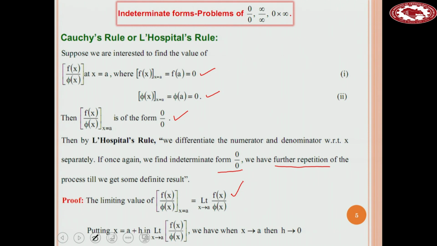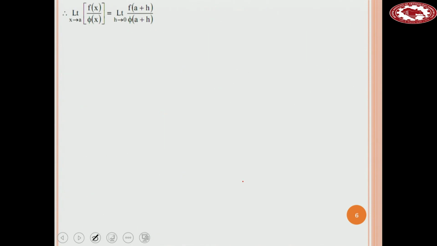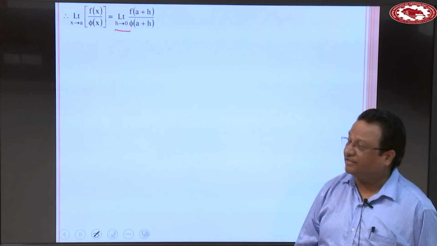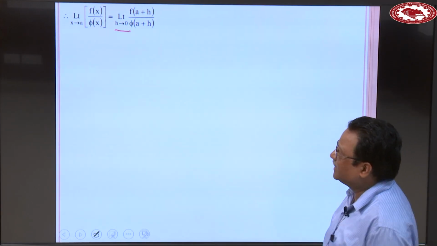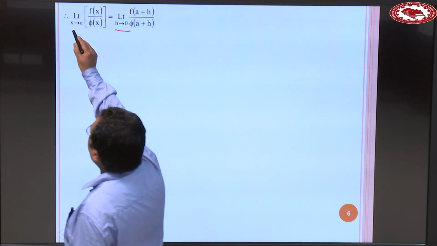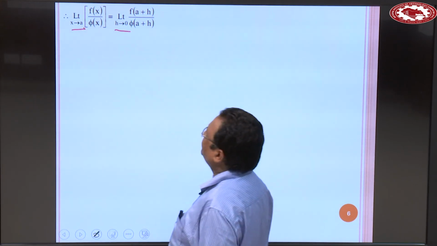So if you replace x by a plus h, then the limit is converted into h tends to 0 in place of x tends to a. So the limit x tends to a of f(x) over phi(x) is equal to the limit h tends to 0 of f(a plus h) divided by phi(a plus h), because here we put x equal to a plus h.